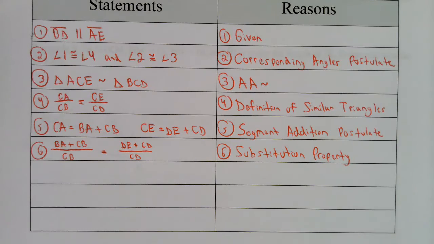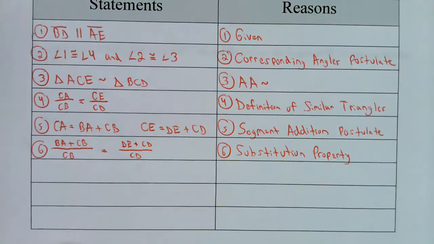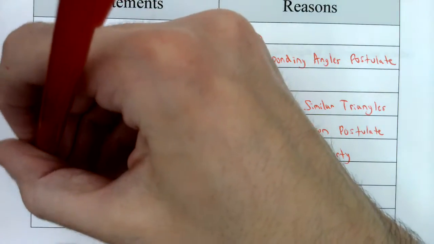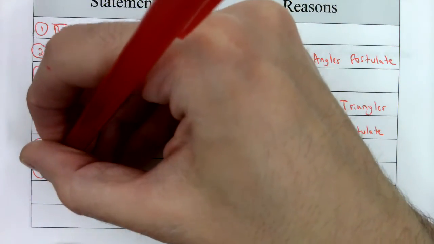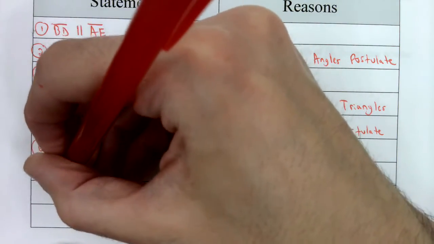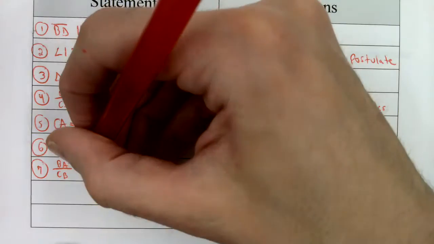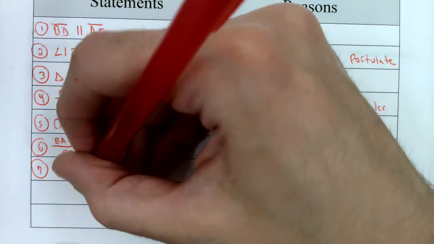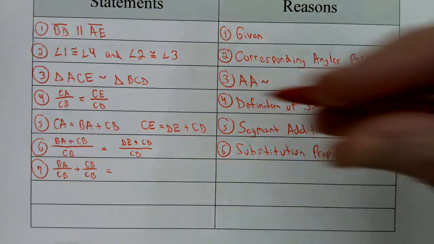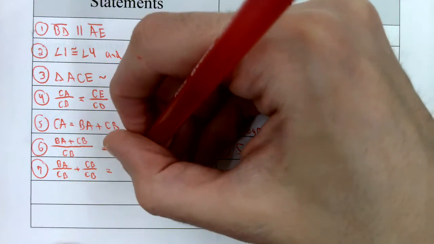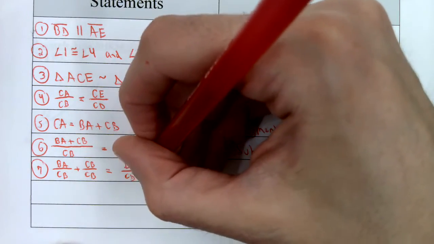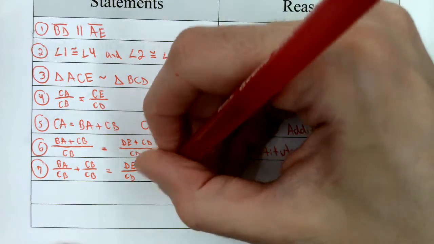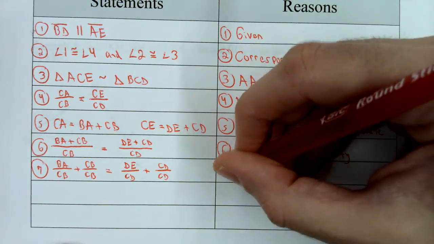So now what I can do is break apart this fraction and rewrite it like the following. I can say BA over CB plus CB over CB equals DE over CD plus CD over CD.